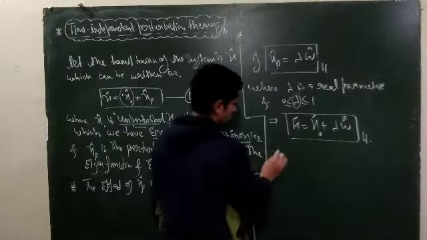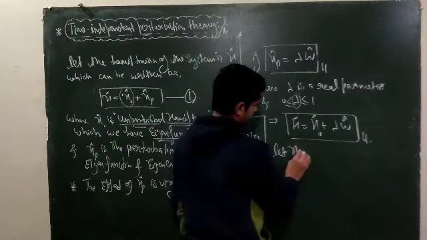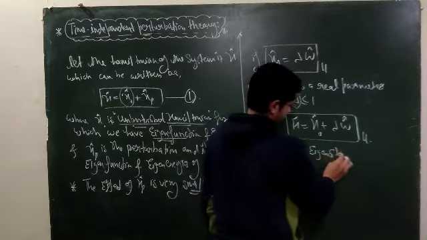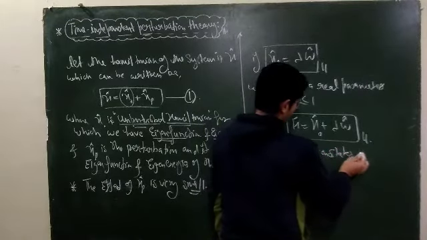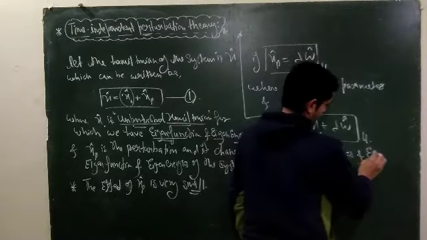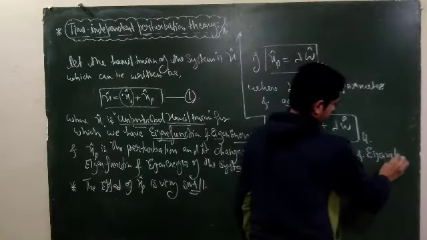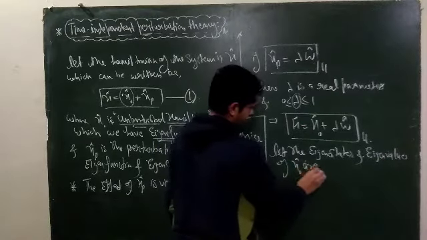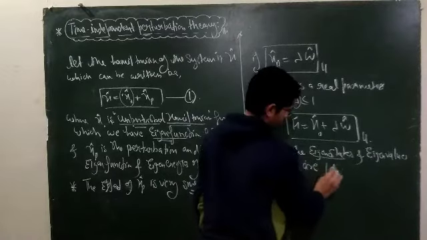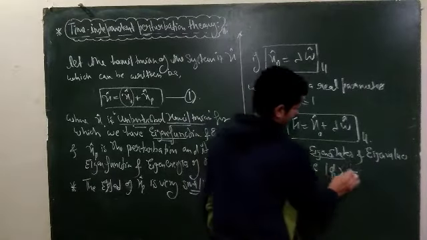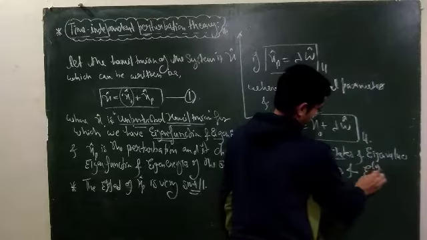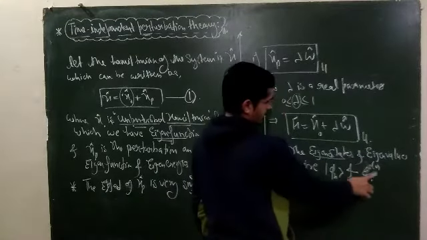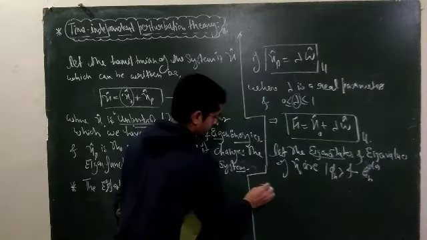So we suppose that the eigenstates and eigenvalues of H naught are phi n, and the eigenvalues are represented by En naught, right?